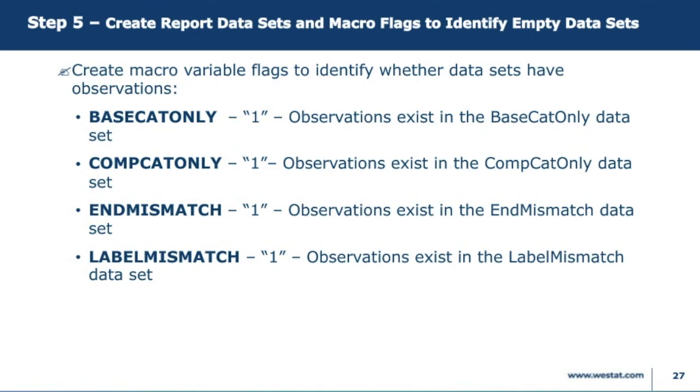And base cat only is going to be set to 1 if there are observations that exist in the base cat only data set. Comp cat only set to 1 if there are observations in the comp cat only data set. End mismatch, if observations exist in the end mismatch data set. And label mismatch is set to 1 if observations exist in the label mismatch data set.